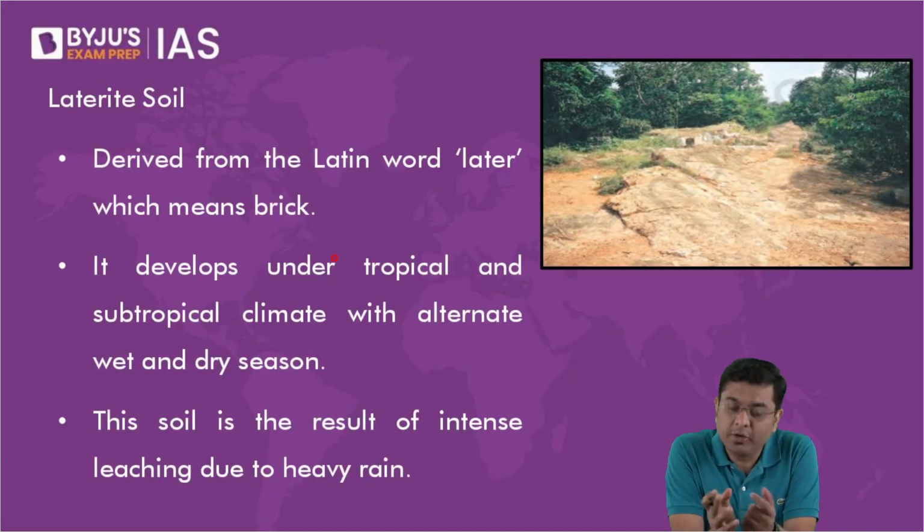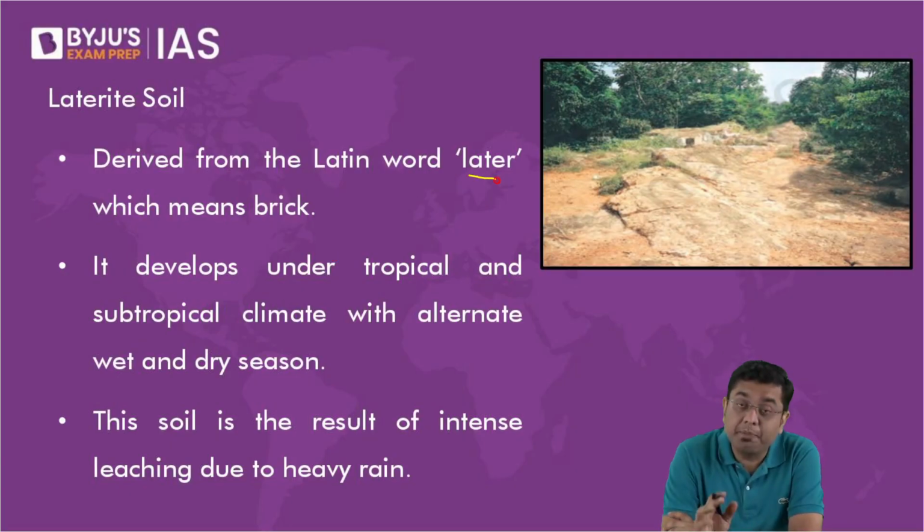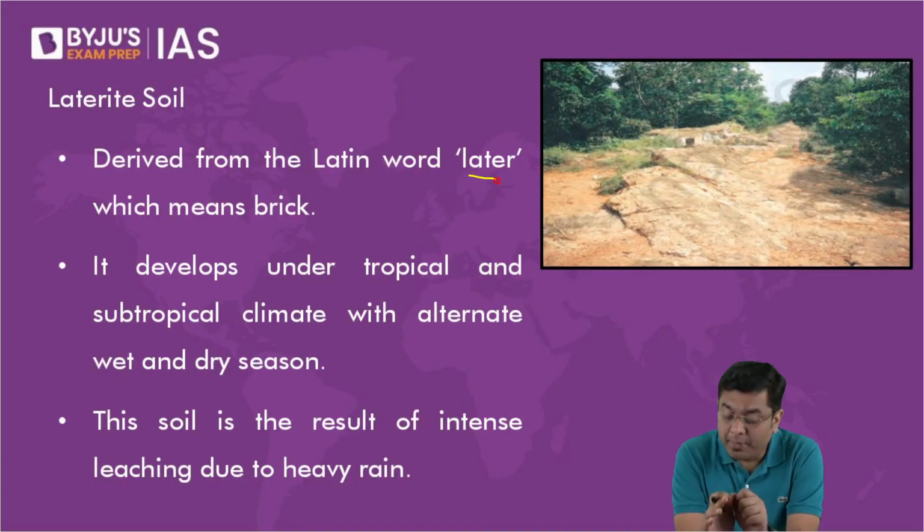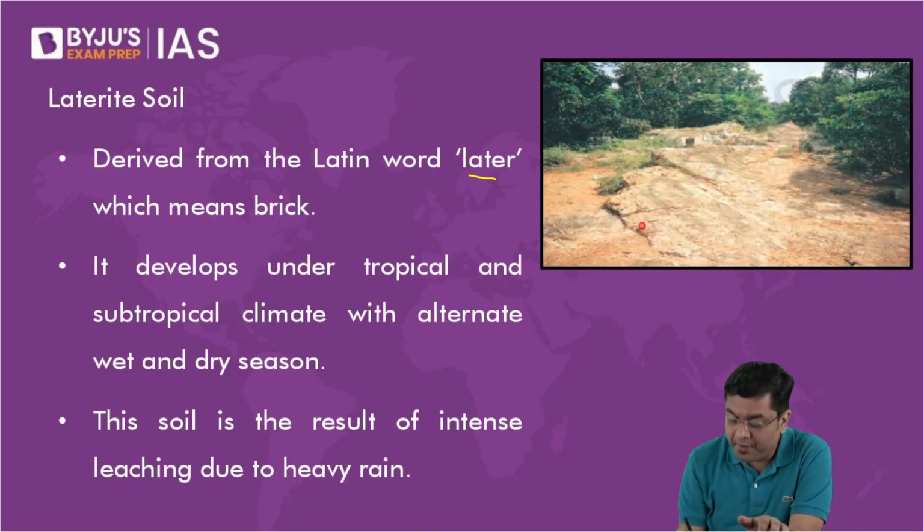So in those areas, you'll find the laterite. Now, the word laterite is derived from the Latin word later, which means brick. Now, this laterite soil is very, very hard, right? When it dries up, it becomes very significantly hardened. So it becomes very hard, right?